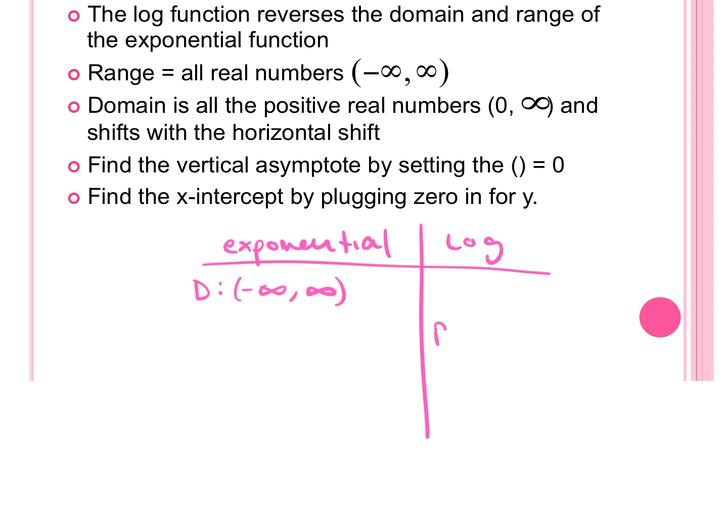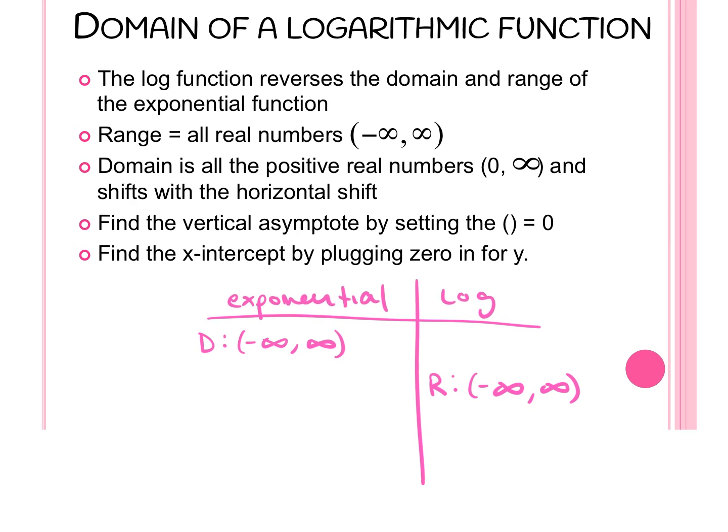So now our range is going to be always from negative infinity to positive infinity. So the domain in our exponential used to be all real numbers. Now our log range is all real numbers. Then our log function, our domain, would be from 0 to infinity, which is what our range would be in exponential functions, from 0 to infinity.